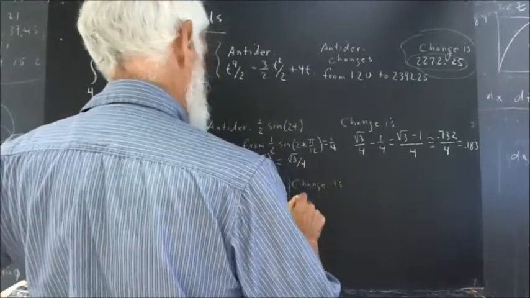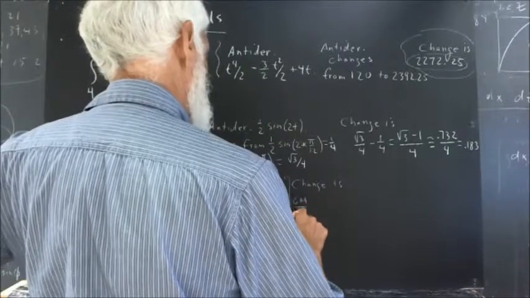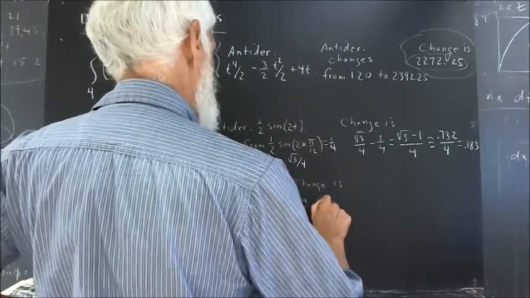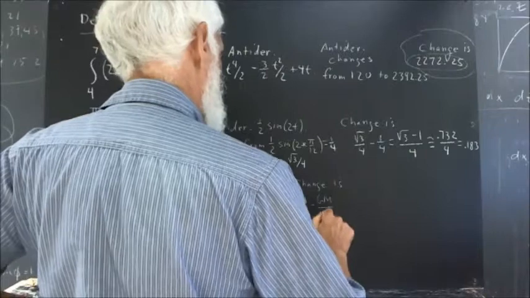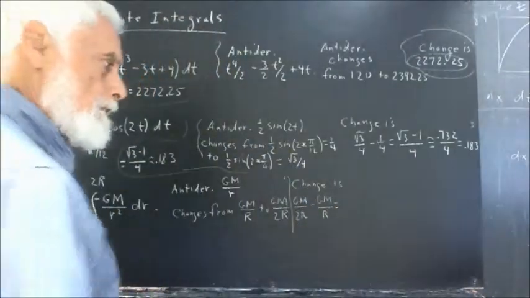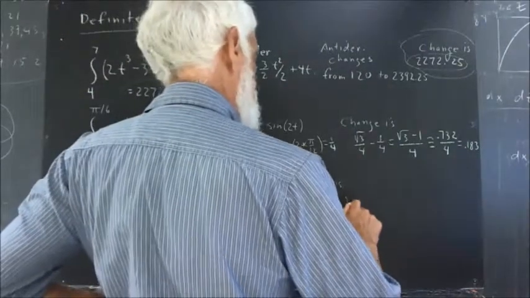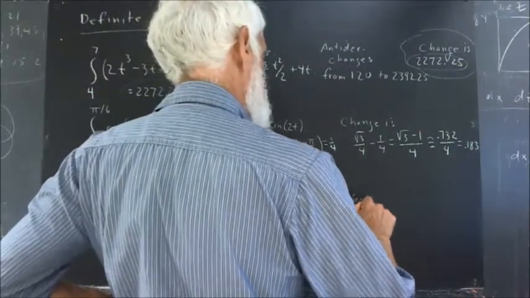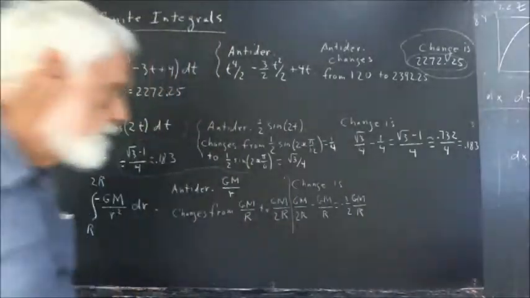The change is GM over 2 big R minus GM over big R, which equals negative 1/2 GM over big R.